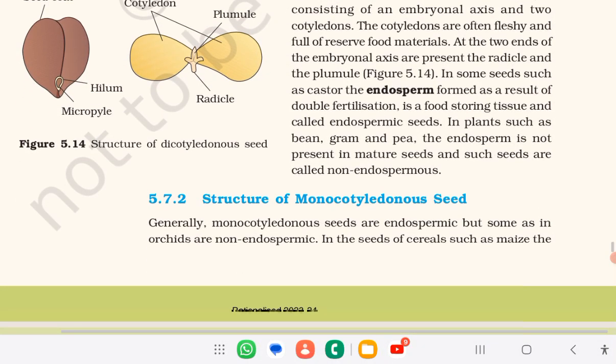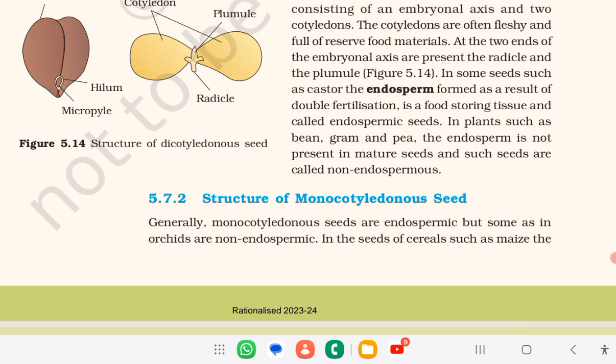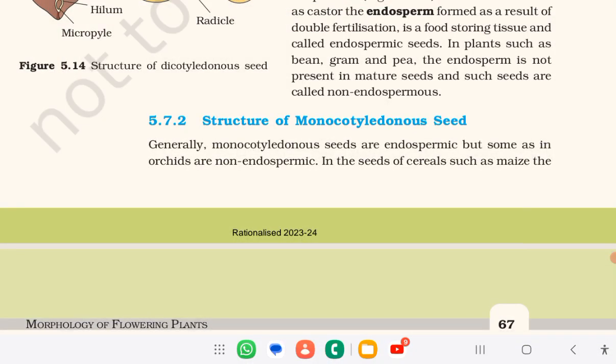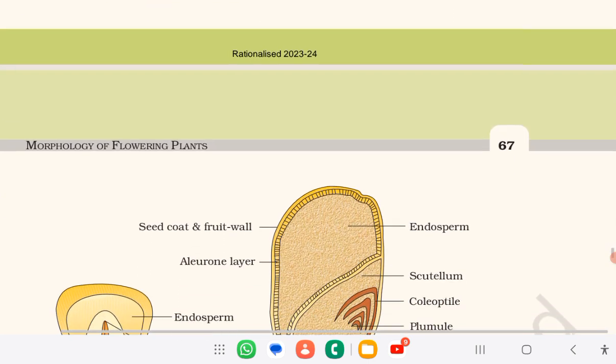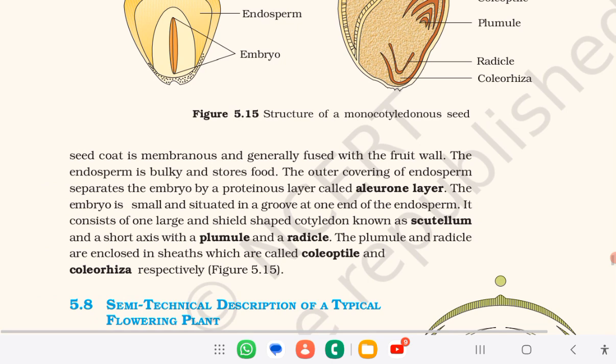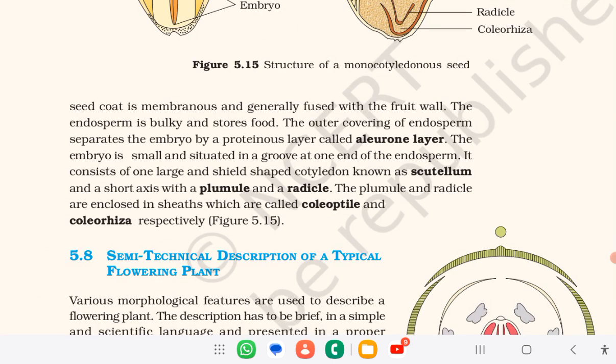Number 2. Structure of monocotyledonous seed. Generally, monocotyledonous seeds are endospermic, but some, as in orchids, are non-endospermic. In the seeds of cereals such as maize, the seed coat is membranous and generally fused with the fruit wall.